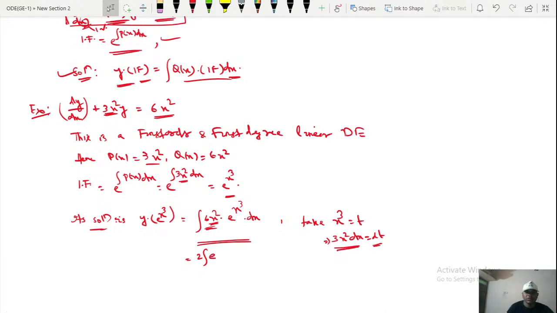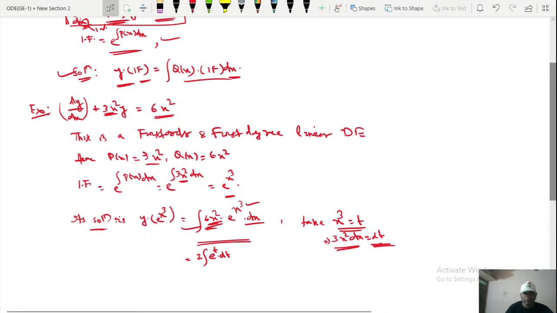Then you can write e to the power t into dt: in place of x cube you write t, and in place of 3x square dx you write dt. So this can be written as 2 times the integration of e to the power t dt.